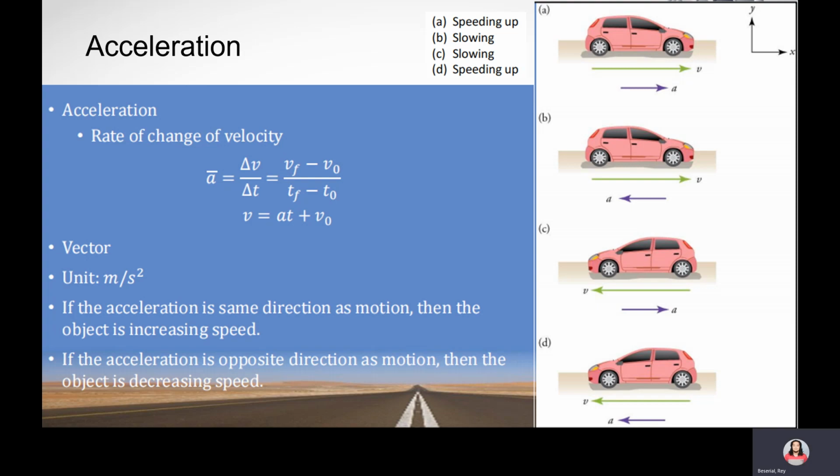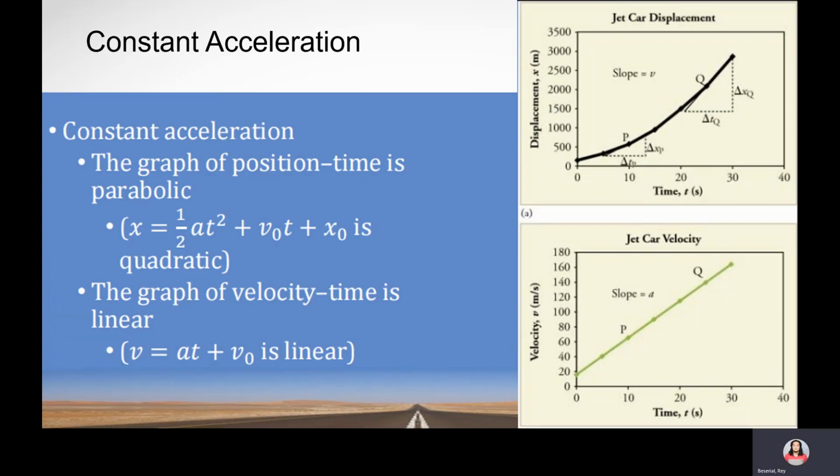So next, constant acceleration. So yung constant acceleration, the graph of position time is parabolic. So ito yung ating representation. Itong upper figure.